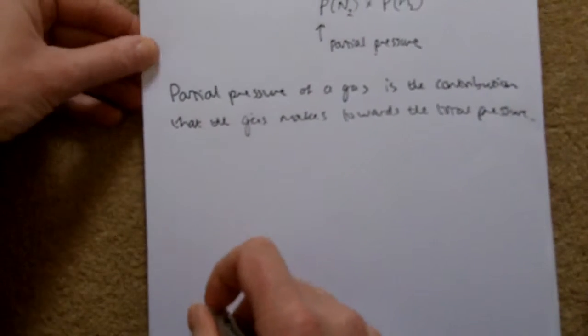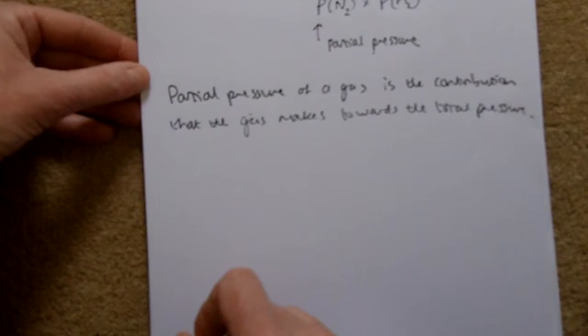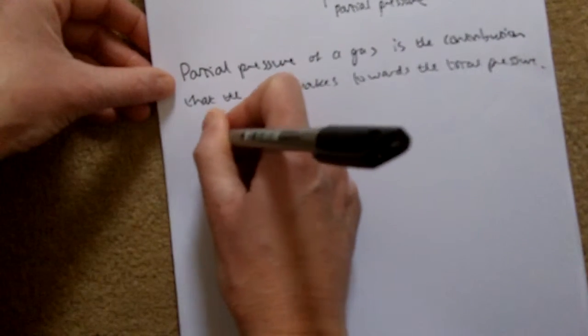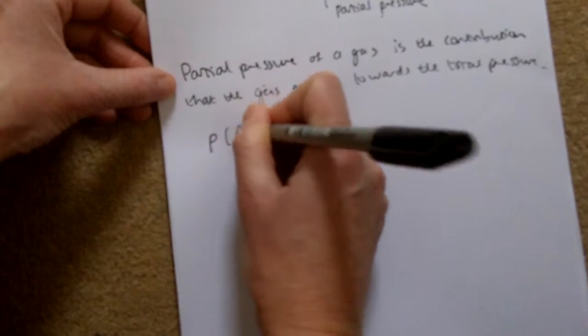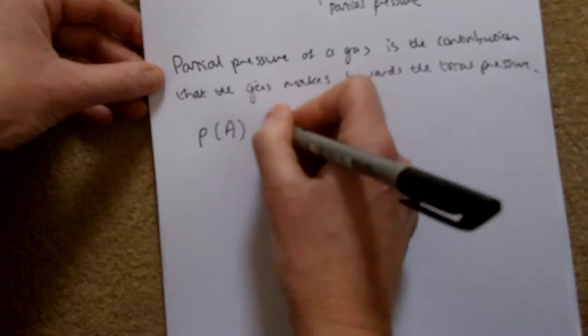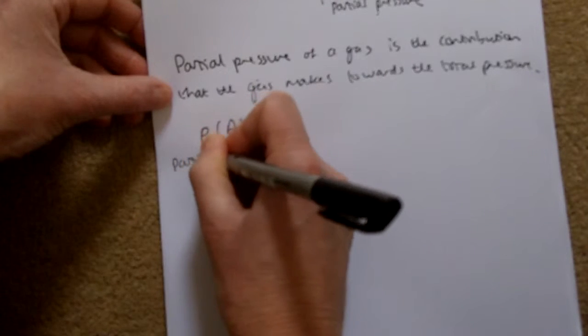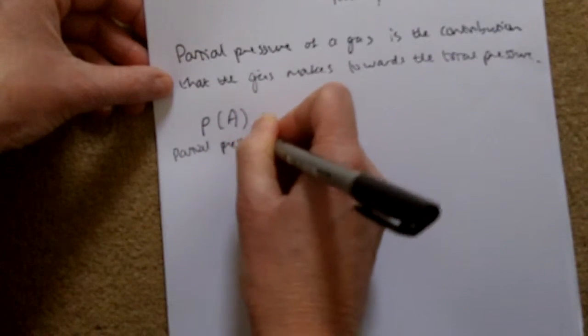Partial pressure is the contribution the gas makes towards the total pressure. And the way you work out the partial pressure of a gas, let's just say gas A, this is the partial pressure of gas A.